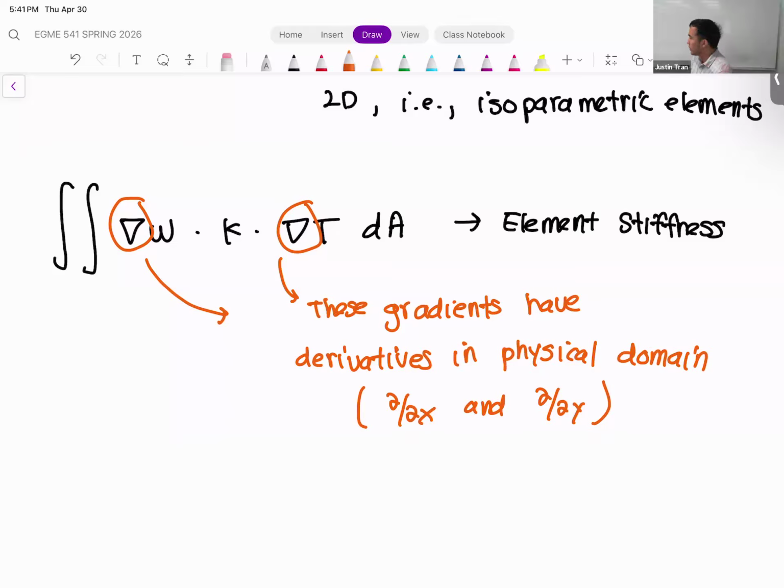We don't want to have derivatives in the physical domain. We would rather have our derivatives be in the parent domain, so partial partial epsilon, partial partial eta.